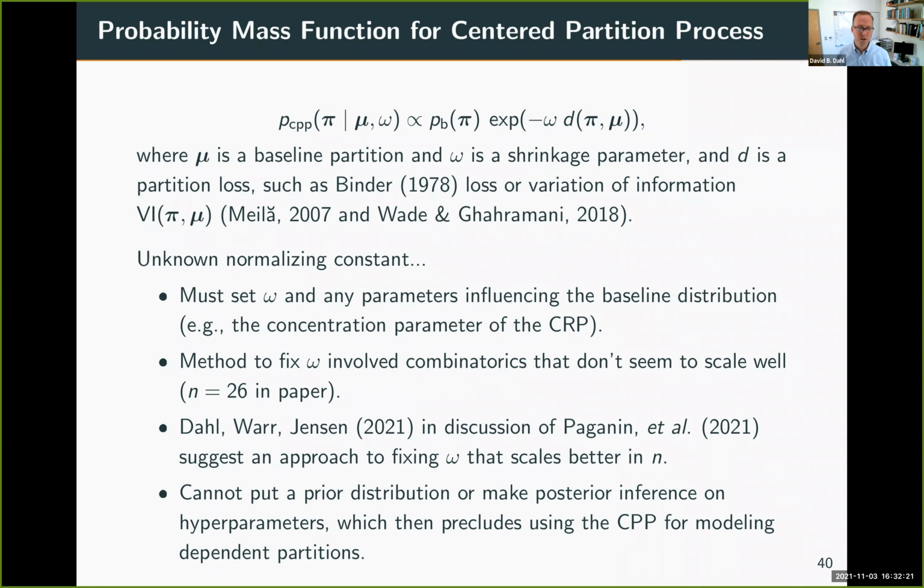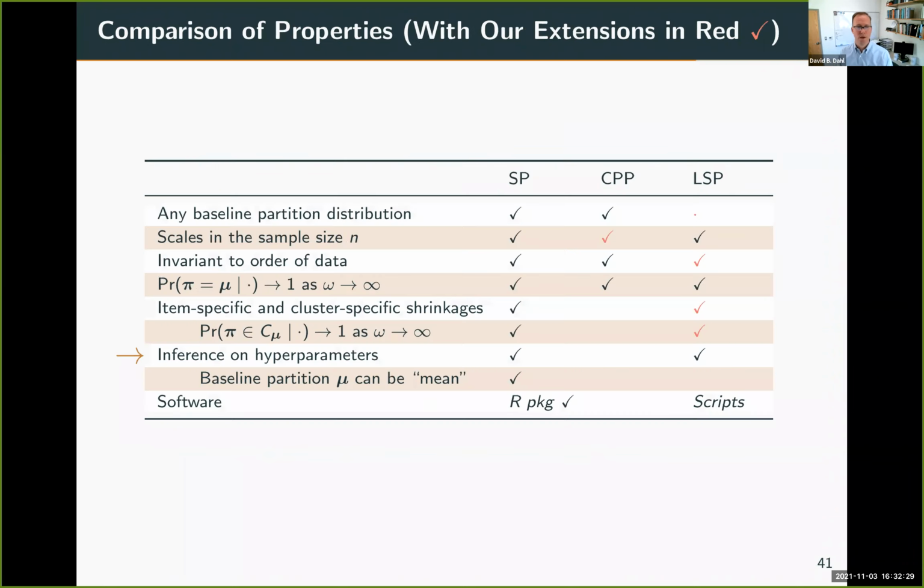And that then precludes us from using the CPP for modeling dependent partitions, which we'll talk about at the end of the talk. The LSP, however, can make inference on hyperparameters because it indeed also has a known normalizing constant.